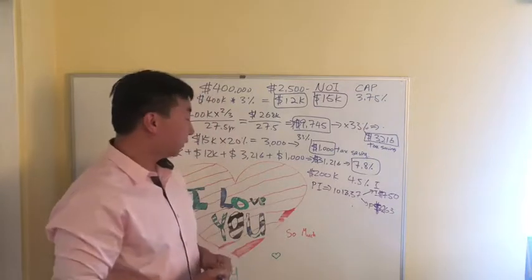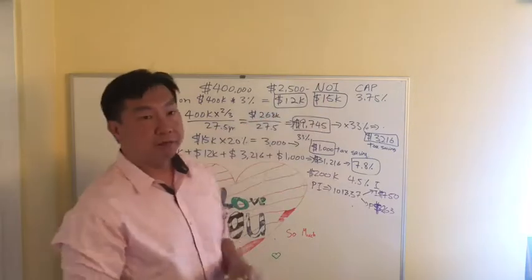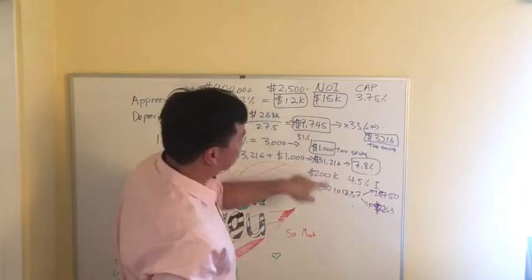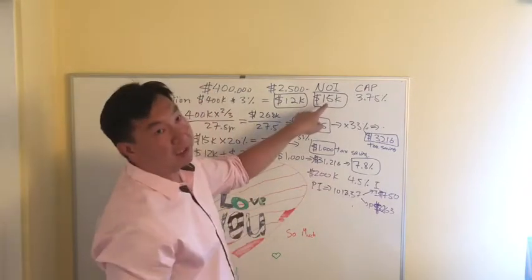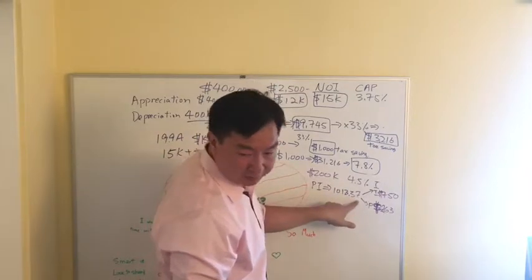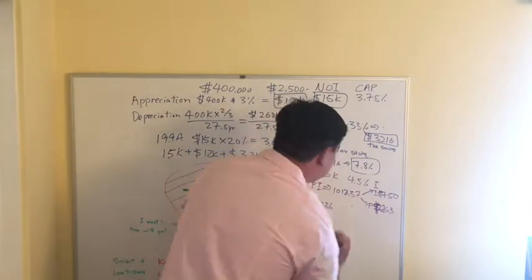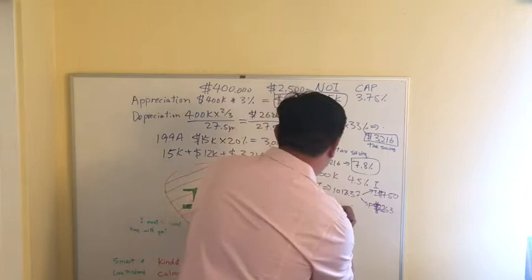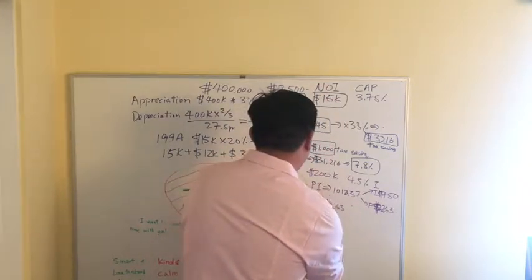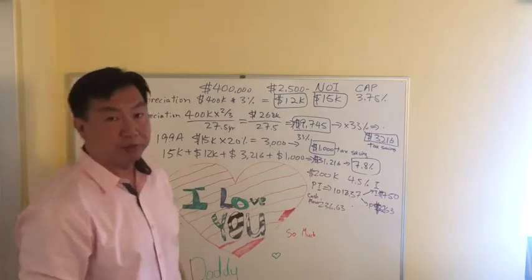So let's look at cash flows. Originally, we have $15,000 worth of cash flow. Now, 15K is $1,250 a month, and if you subtract your mortgage payment, you get $236.63 a month.